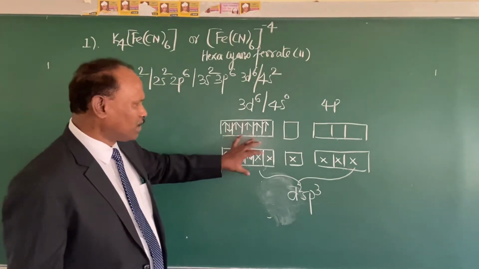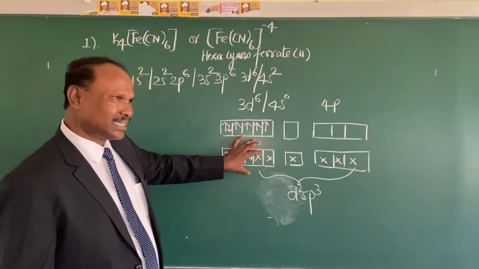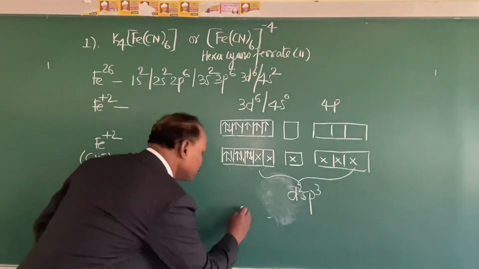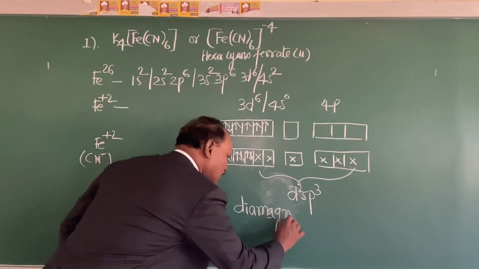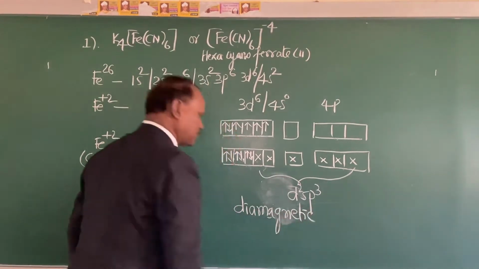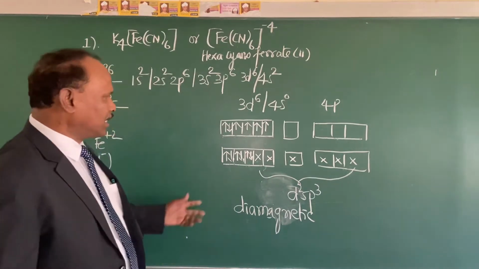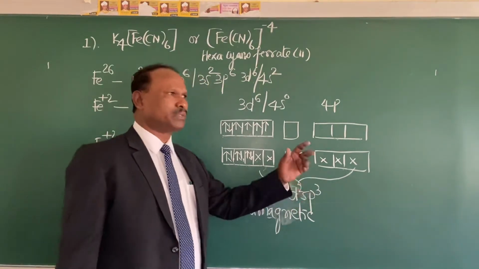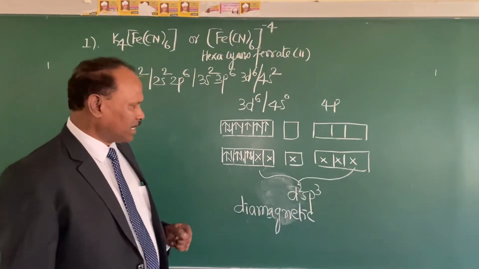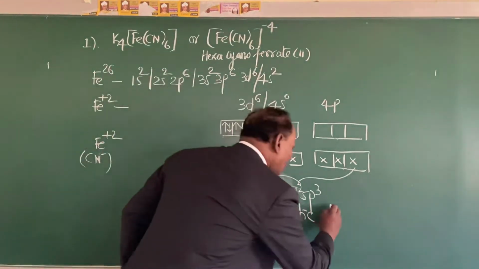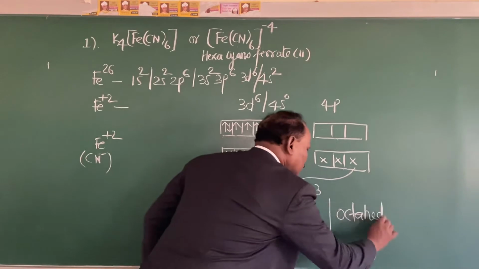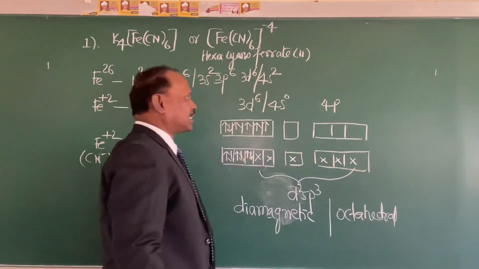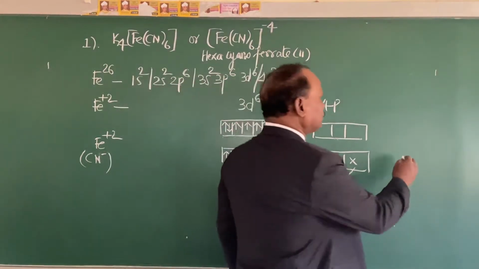Therefore, this complex is diamagnetic in nature, because there are no unpaired electrons. And when it undergoes d2sp3 hybridization, the expected geometry is octahedral geometry. So octahedral geometry will be like this.